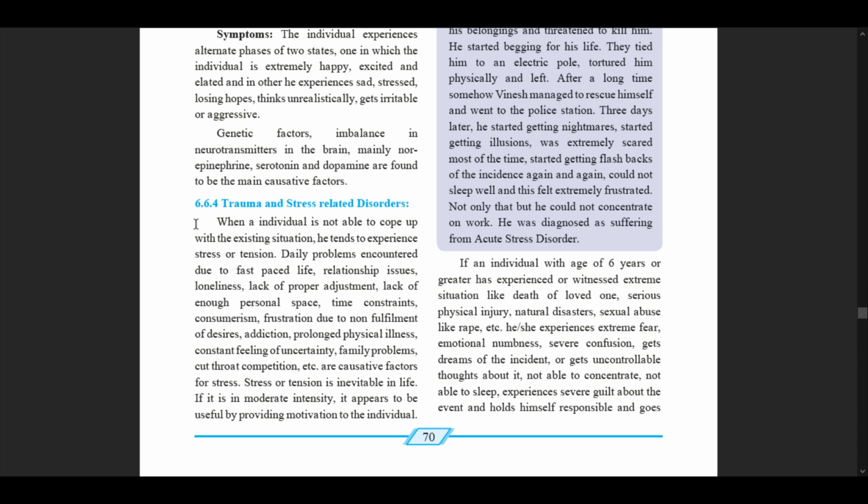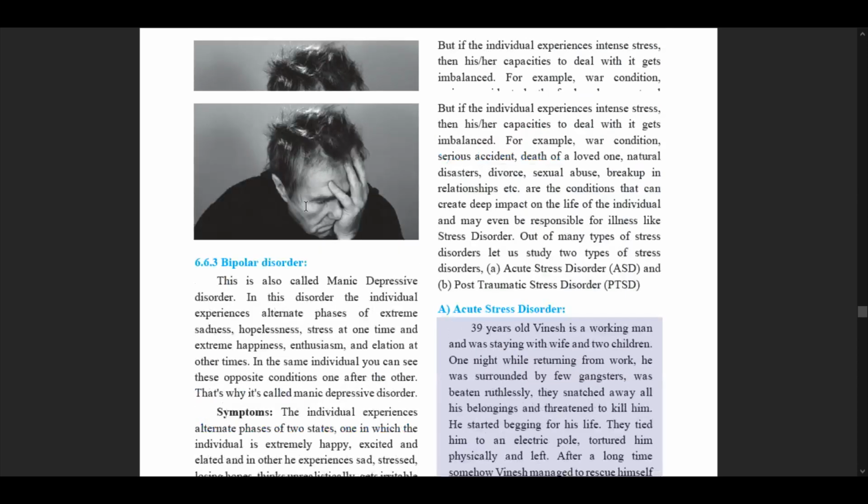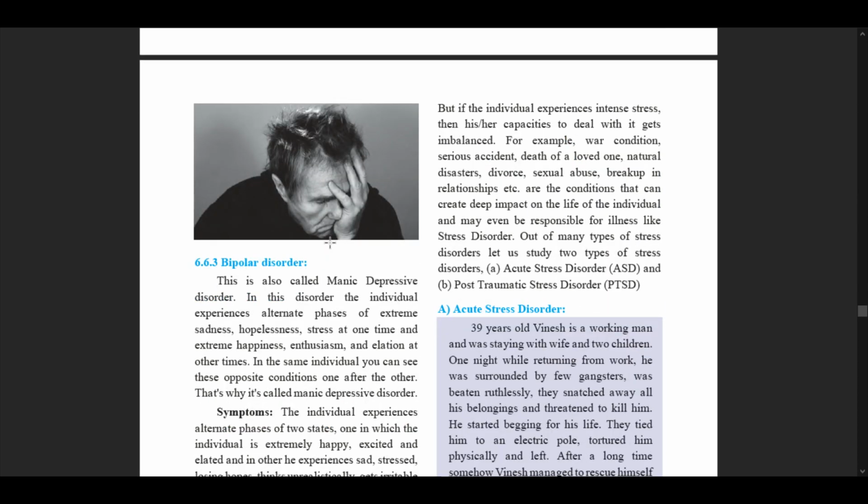Stress or tension is inevitable in life. If it is in moderate intensity, it appears to be useful by providing motivation to the individual. But if the individual experiences intense stress, then his or her capacity to deal with it gets imbalanced.